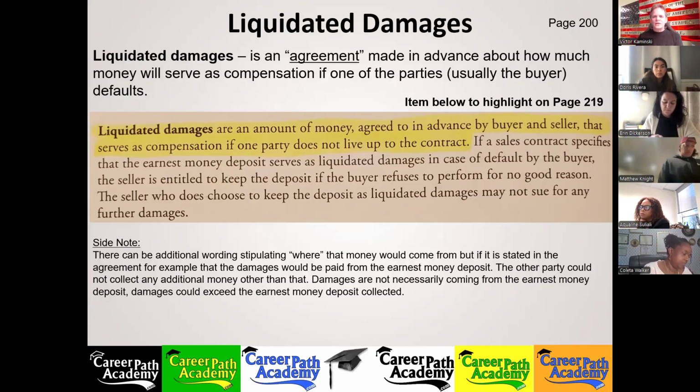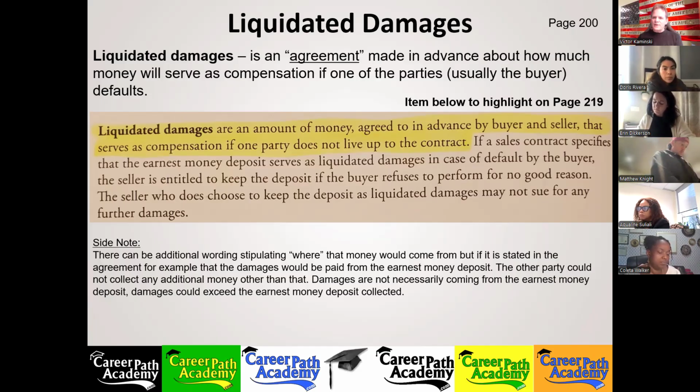You know what? My definition is a little bit different. My definition is liquidated damages is not an amount of money. It's an agreement made in advance about how much money will serve as compensation if one of the parties breaches the contract. It's a little bit different.